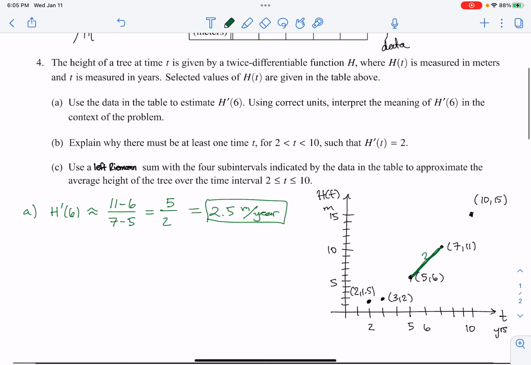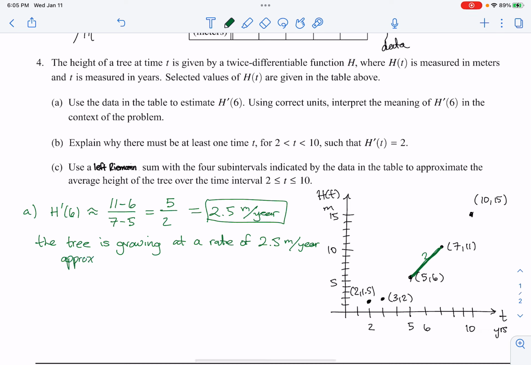So what we might say for the interpretation is that the tree is growing at a rate of 2.5 meters per year, approximately, at 6 years.